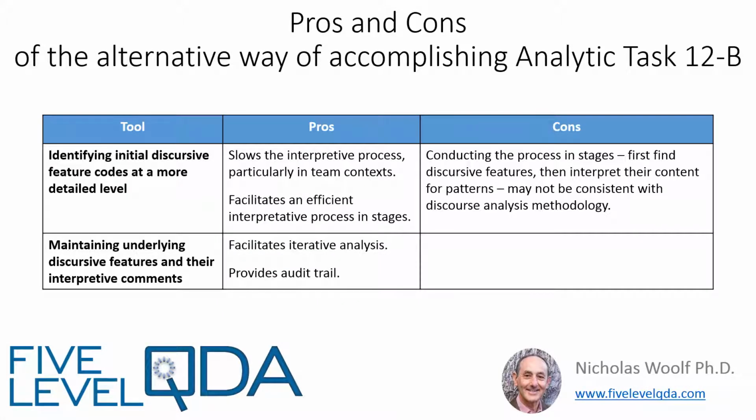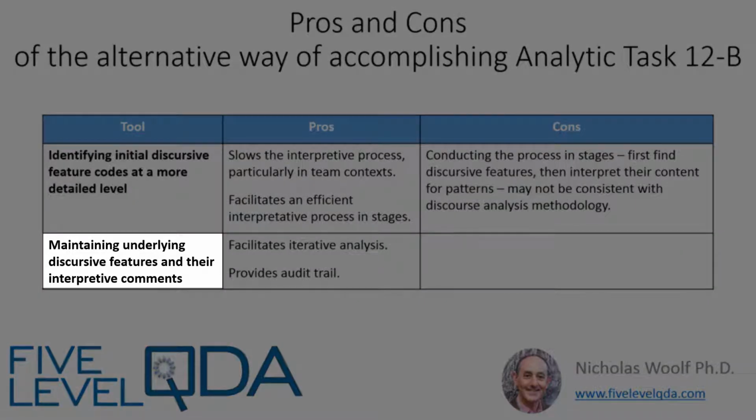A second consideration is that all the building blocks of the interpretive process are maintained in the network, rather than disappearing as individual discursive feature codes are merged and renamed. This facilitates reconsidering relationships and interpretations and changing your mind as further issues are considered, which may mitigate against the concern I just expressed about the nature of this holistic methodology.